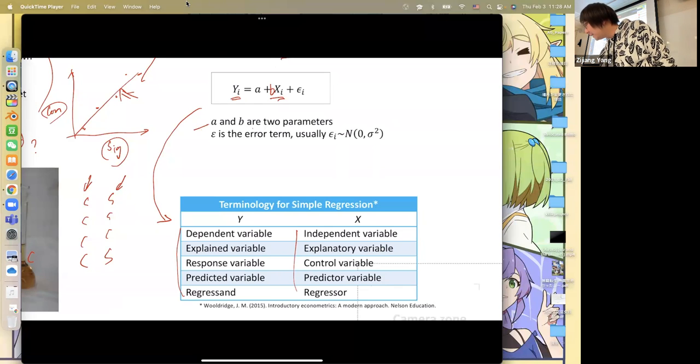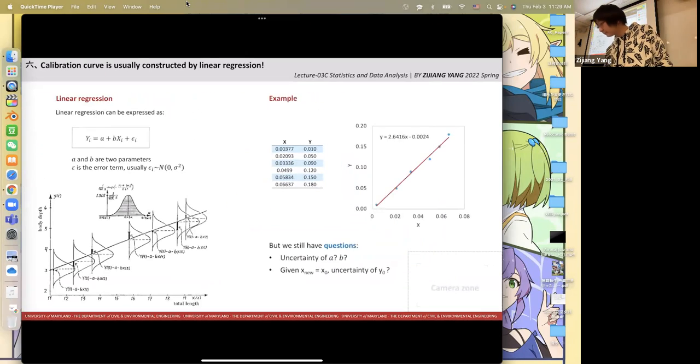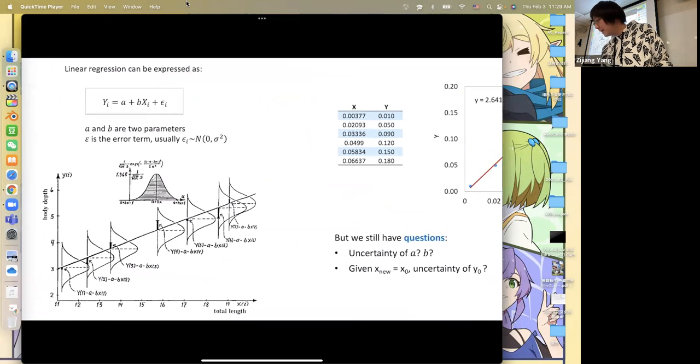a and b here are two parameters that construct the line. And eta here is the error term. I can talk more about eta in the next slide. So eta is the error term, and usually eta follows a normal distribution with the mean equal to 0.